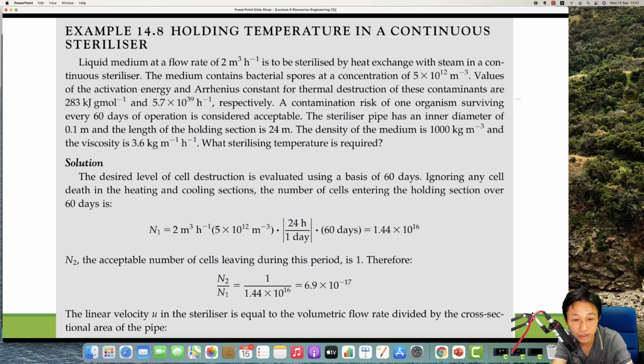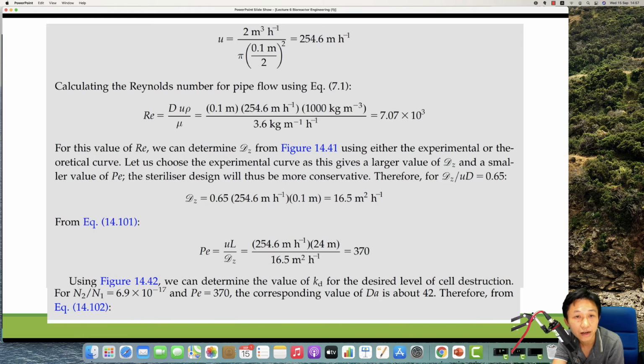We use the cross-sectional area of the pipe. This is the area, this is the velocity, and then we calculate the Reynolds number, which indicates turbulence, and then we use this figure to get this value, dz. Then we have the Peclet number, which is 370, and the Peclet number corresponding to dA is equal to 42.